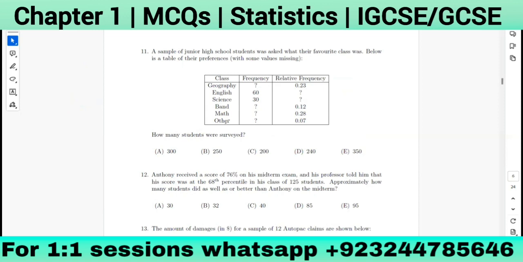Okay, so we know that the sum of the relative frequency should be equal to 1. This is the information that we have. So now with this information, what can we calculate?